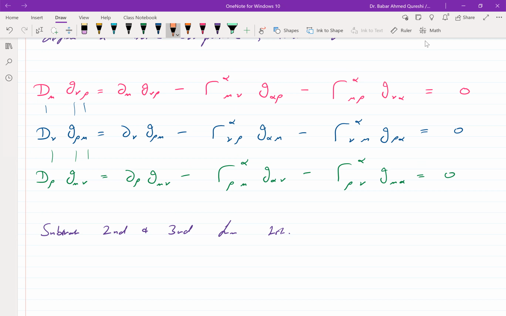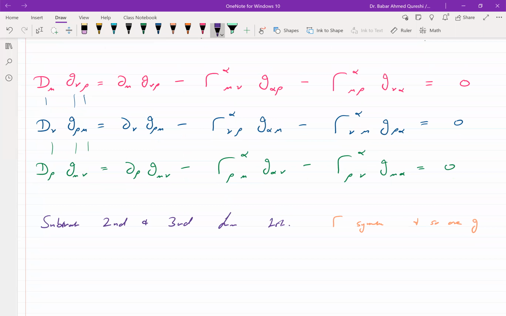And I have to remember, because I'm using the property that it's torsion free, that these are symmetric, and so are the g's, because the metric is symmetric in its indices, and the torsion free connection is symmetric in its lower indices. So what do I see? I have mu rho alpha nu.